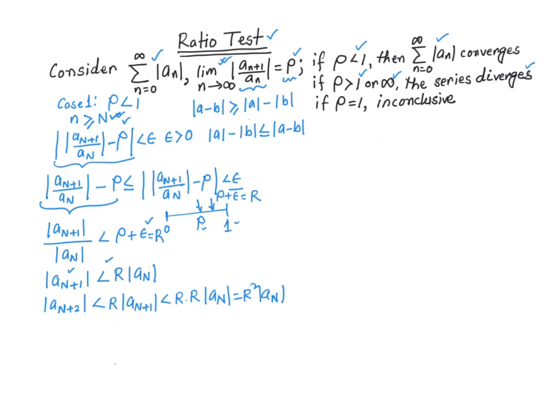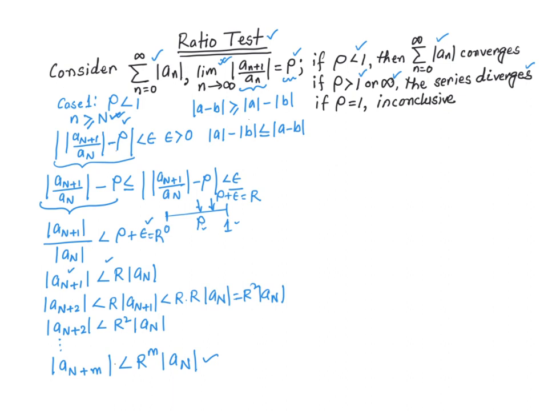So in essence, I just showed that the absolute value of a sub n plus 2 is less than r squared times the absolute value of a sub n. Similarly, I could extend this idea: the absolute value of a sub n plus, let's say, some little m, is going to be less than r to the power m times the absolute value of a sub n.